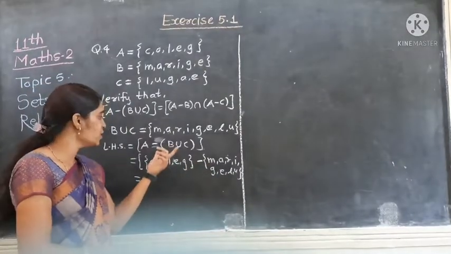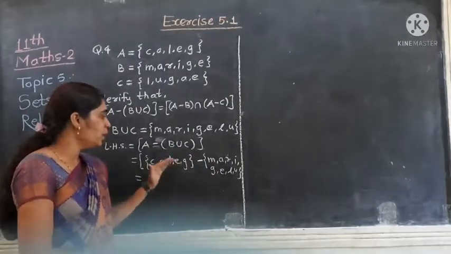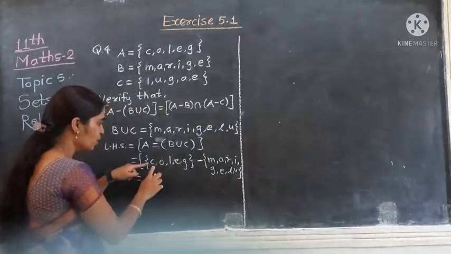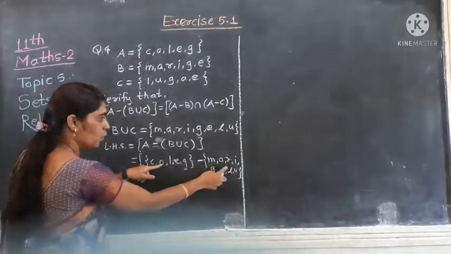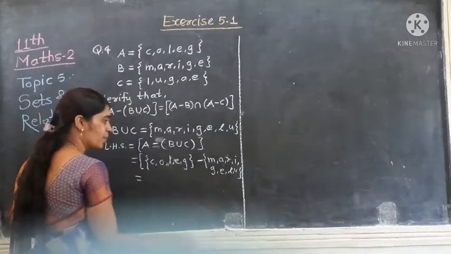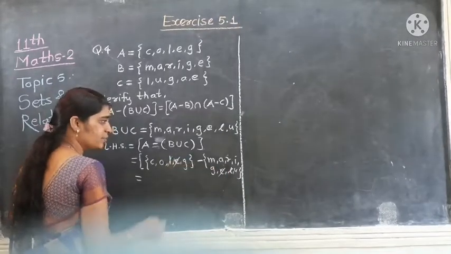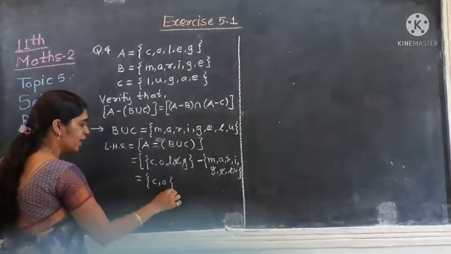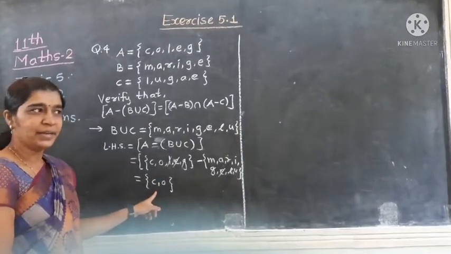So what is the difference of these two sets? We eliminate these elements from these elements. Okay. So C is there? No. O is there? No. L gets cancelled here. Then E gets cancelled and G gets cancelled. So what remains here? Only C and O remain.